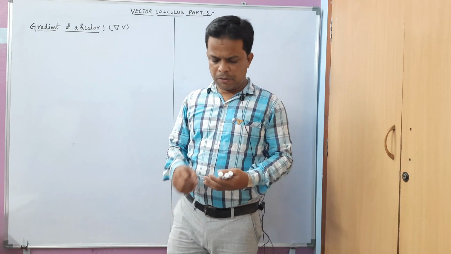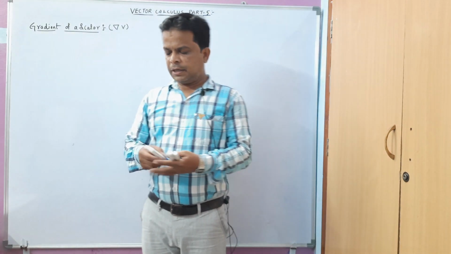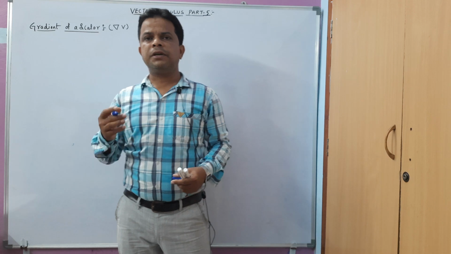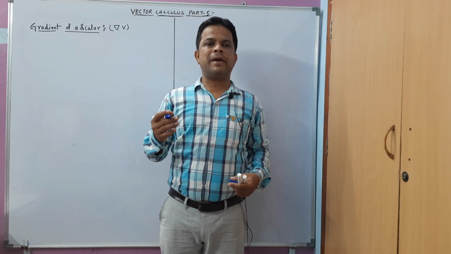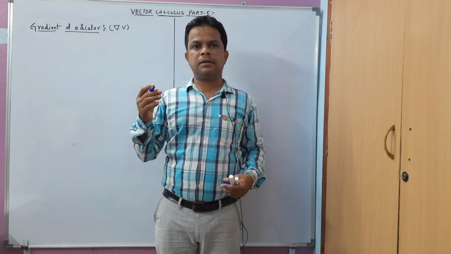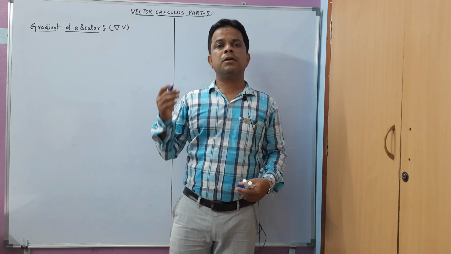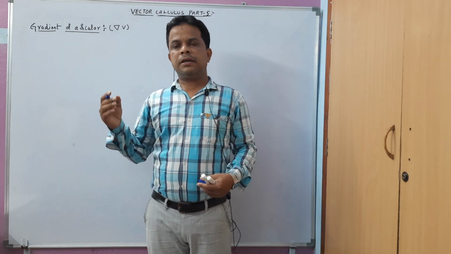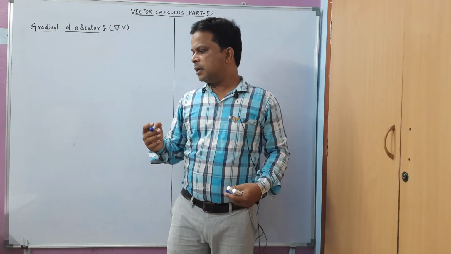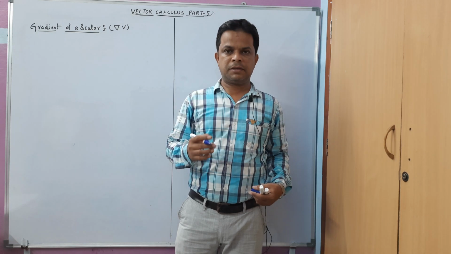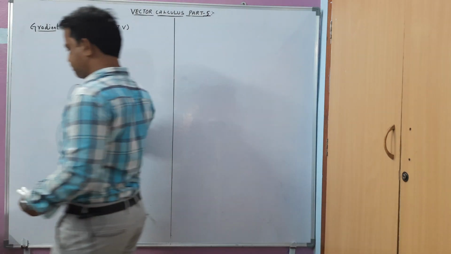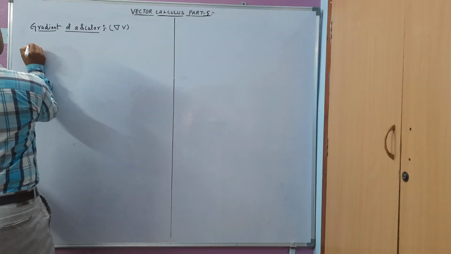Now, the gradient of a scalar field V is a vector that represents both the magnitude and direction of the maximum space rate of increase of V. So here del V represents the gradient.